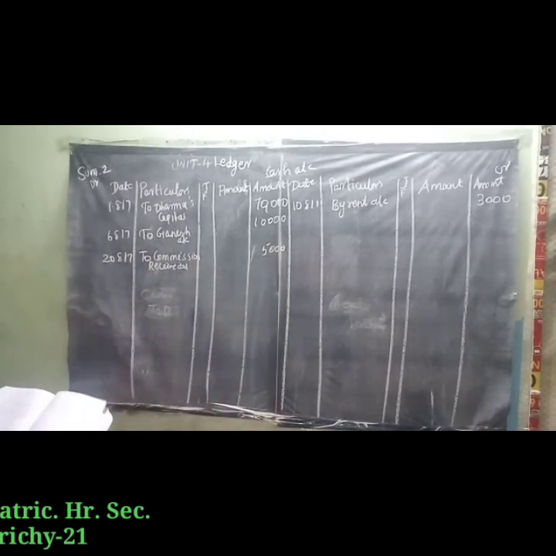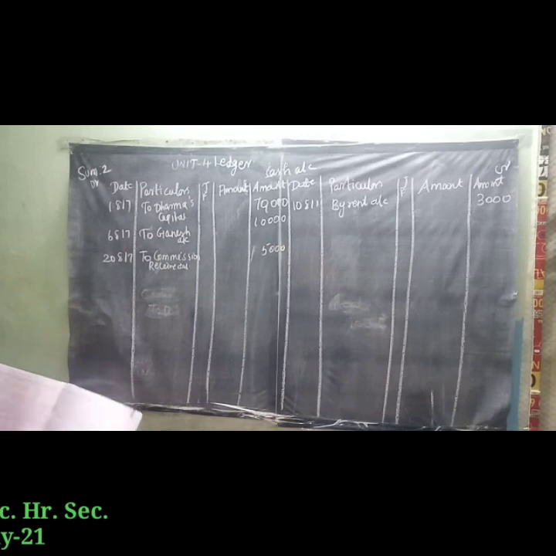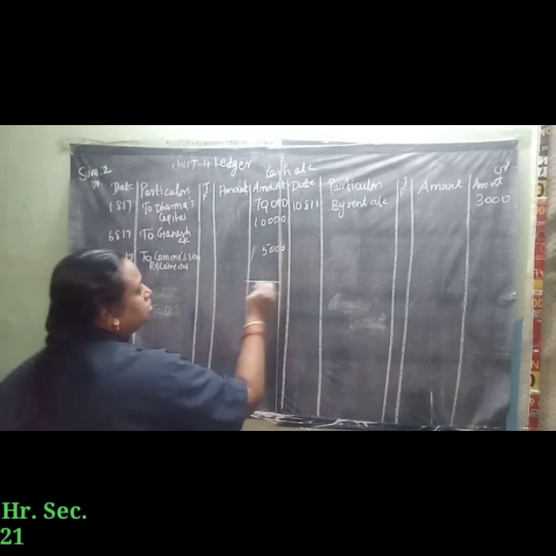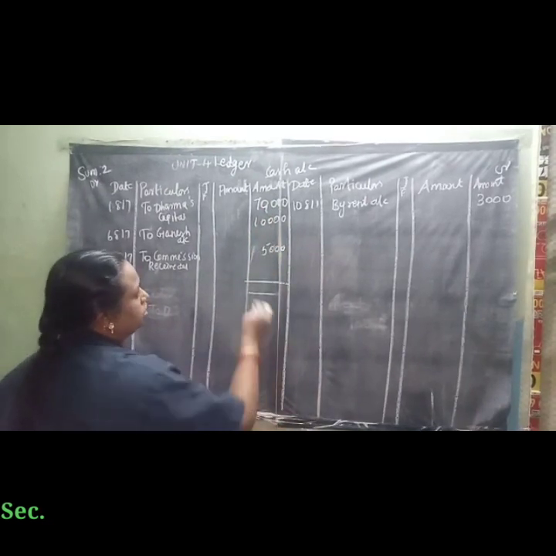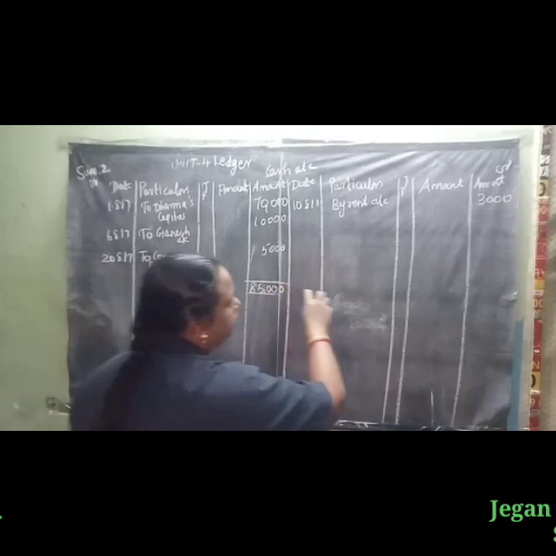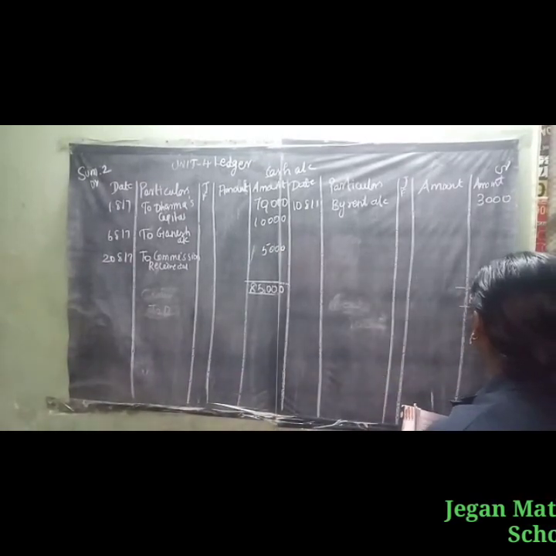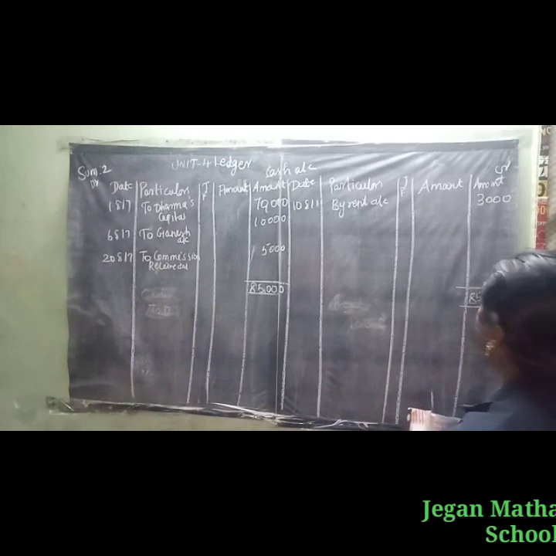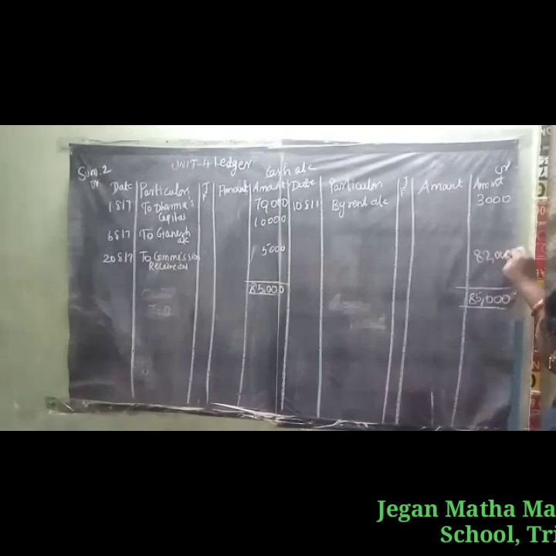We have to check which side is more. The debit side is more: 70,000 plus 10,000 plus 5,000, 85,000. Bring it to the same line on the credit side, 85,000. 85,000 minus 3,000 is 82,000.